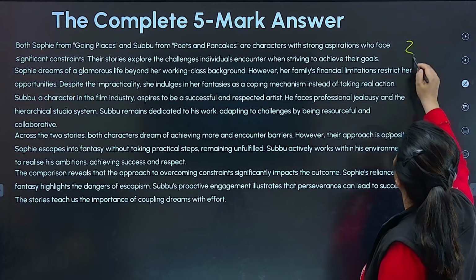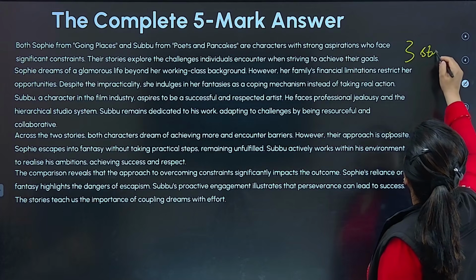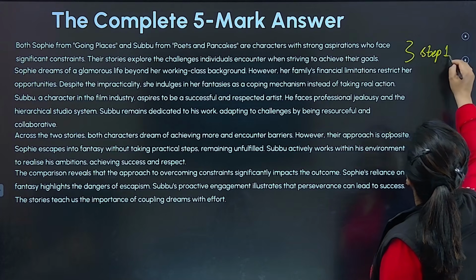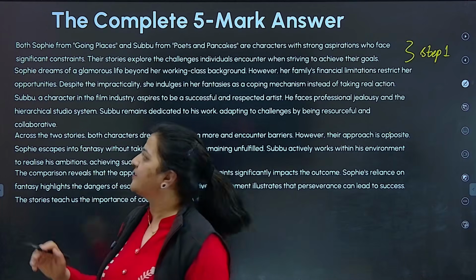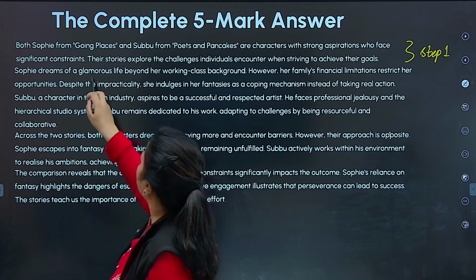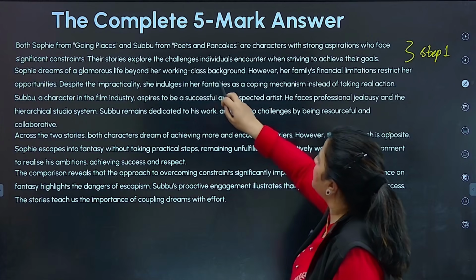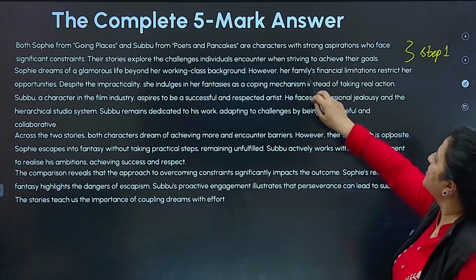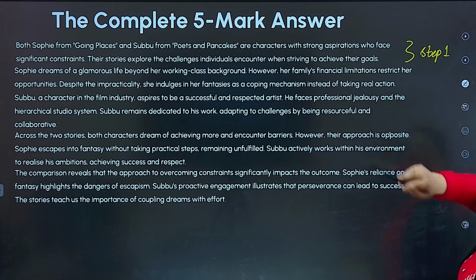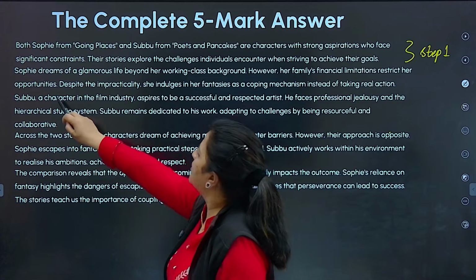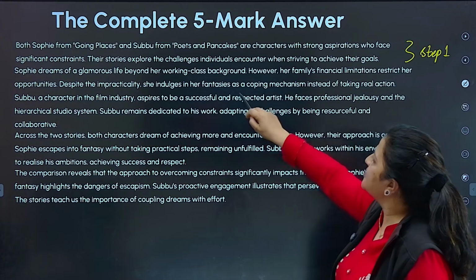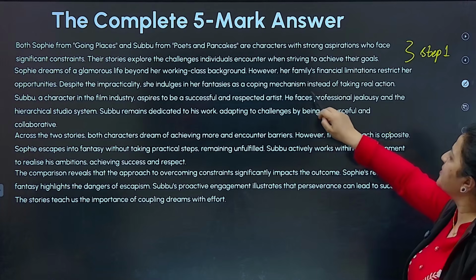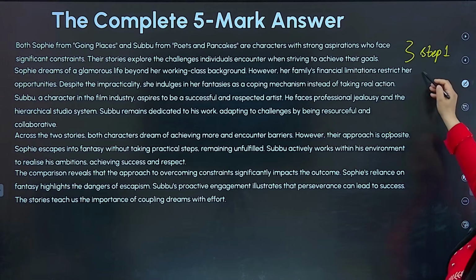This is our step 1, identifying and introducing the theme. Now explaining with respect to character 1, Sophie dreams of a glamorous life beyond her working class background. However, her family's financial limitations restrict her opportunities. Despite the impracticality, she indulges in her fantasies as a coping mechanism instead of taking real action.